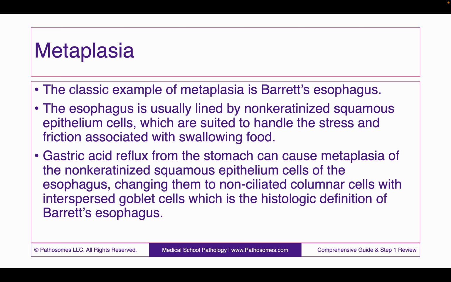Gastric acid reflux from the stomach can cause metaplasia of the non-keratinized squamous epithelium cells of the esophagus, changing them to non-ciliated columnar cells with interspersed goblet cells, which is the histologic definition of Barrett's esophagus.